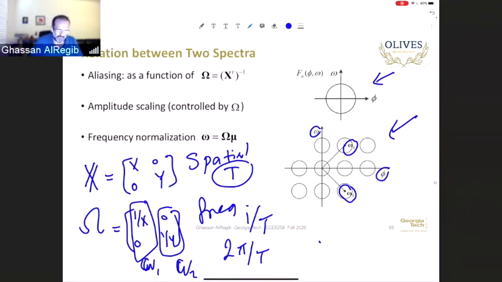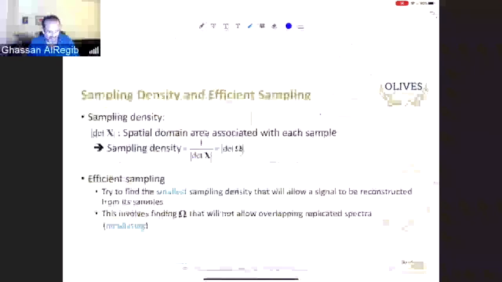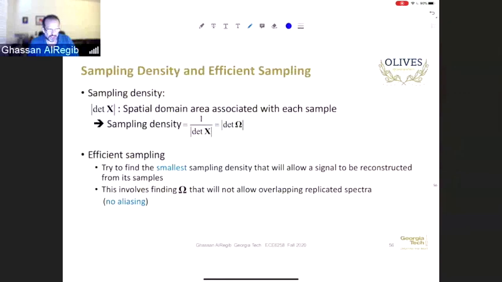Right? And remember, we had that relationship where capital omega times X transpose is equal to the identity matrix. Or you can look at it using this one, or you can even simplify it just using the rectangular case as an illustration.